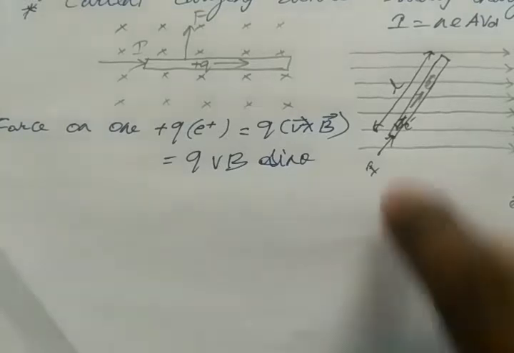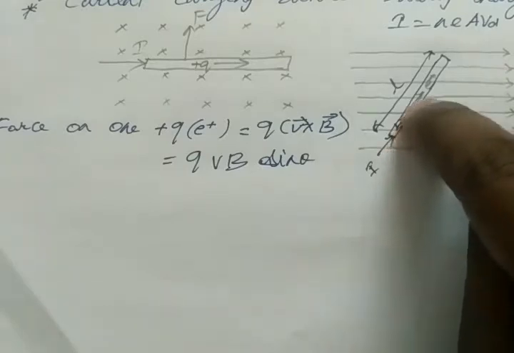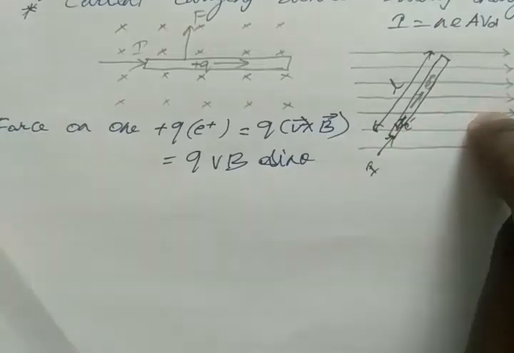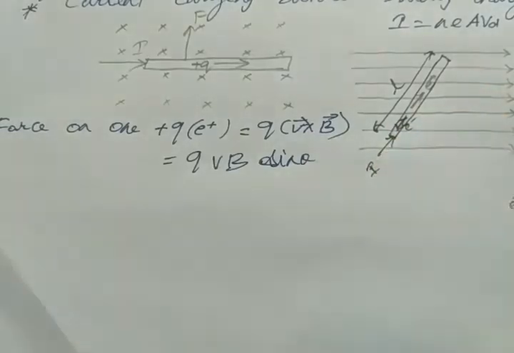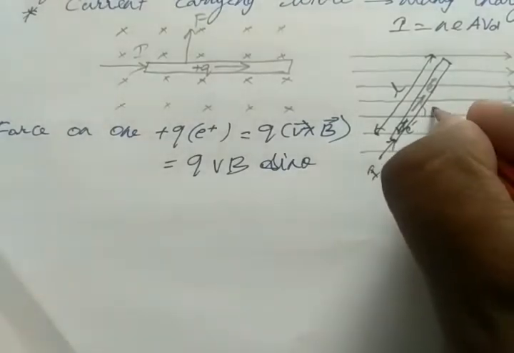So here velocity is moving in the xy plane, and the magnetic field is in the x direction. So the angle between these two we can take as 90 degree, right? Sorry, in this case, it is inclined at an angle theta. This is not 90 degree.